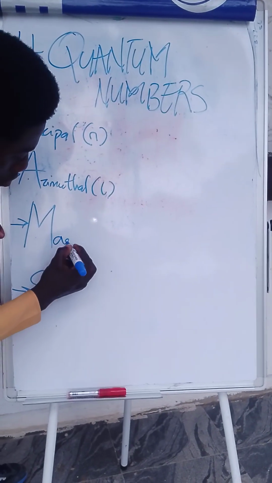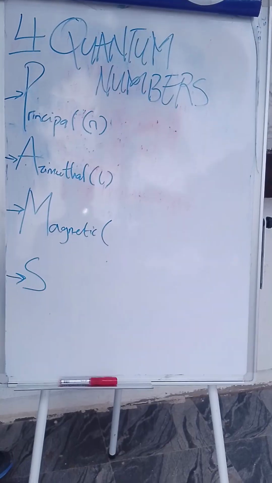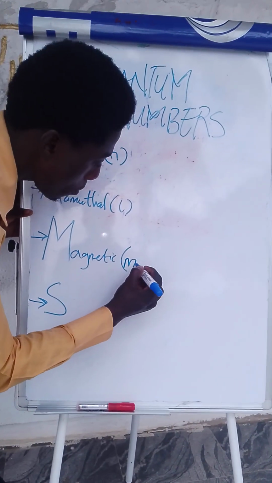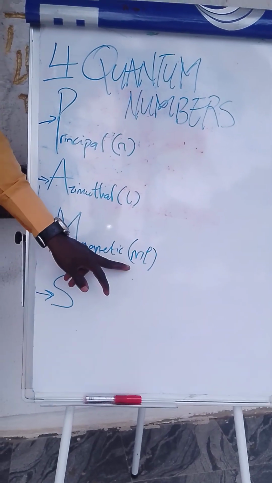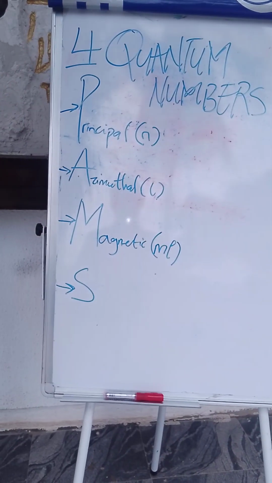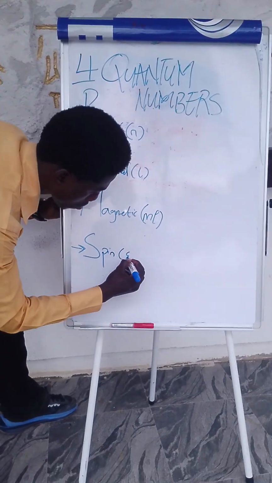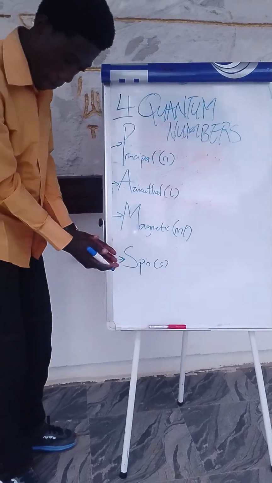Then the magnetic, which is represented by M of L. Then the spin. So these are the four quantum numbers.